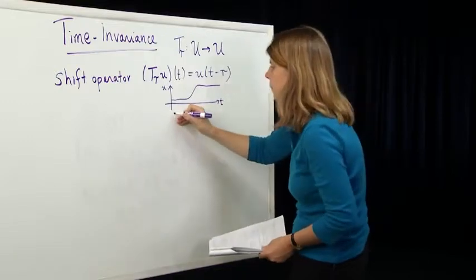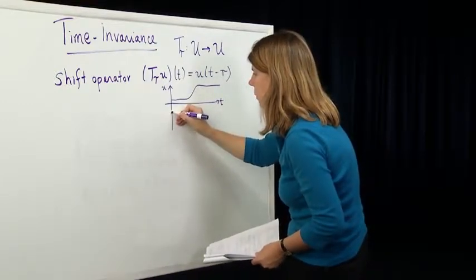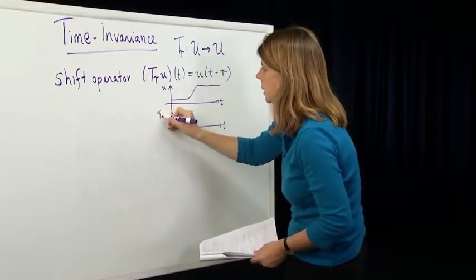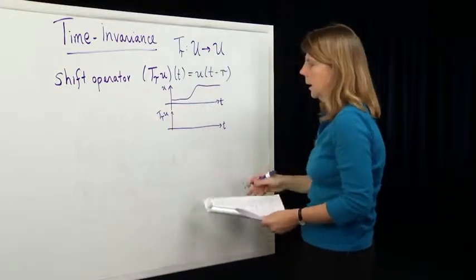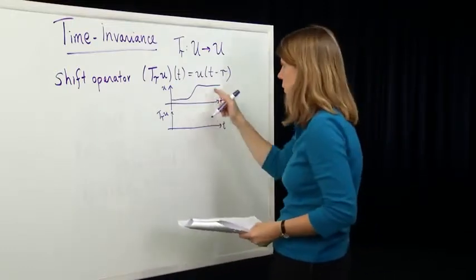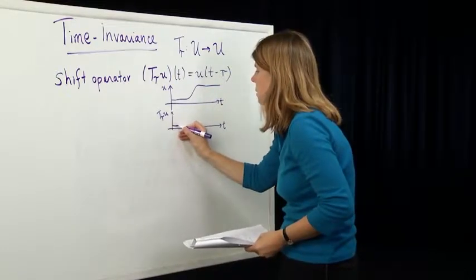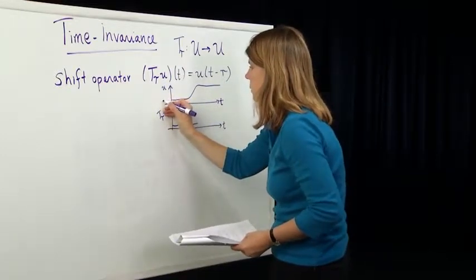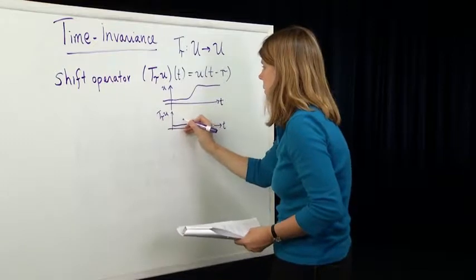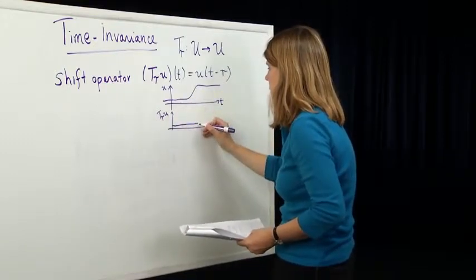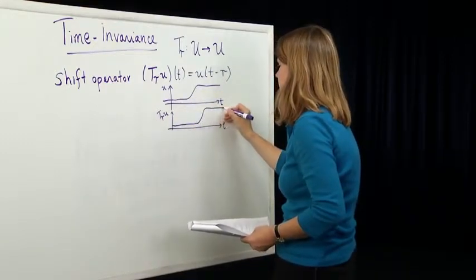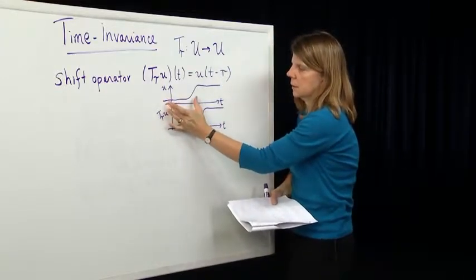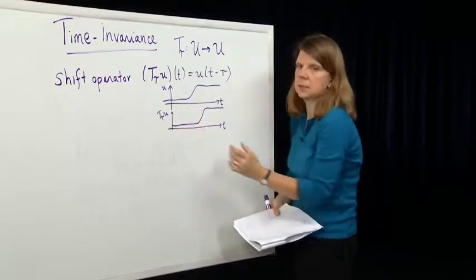If we plotted T_tau of u, for some tau, we're going to be shifting. It's exactly the same signal. Actually, let's be precise here. So what I've done is I've taken this signal here and I've just shifted it forwards by tau time units.